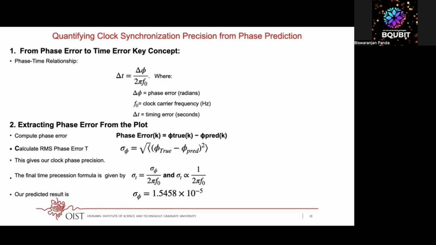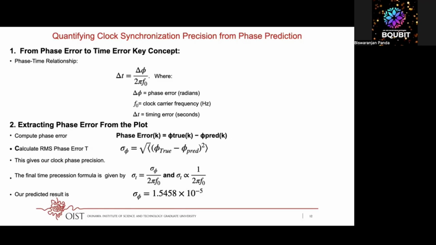So the final time precision formula is sigma t equals sigma phi divided by 2 pi f naught, and we find sigma phi from our Bi-LSTM technique.